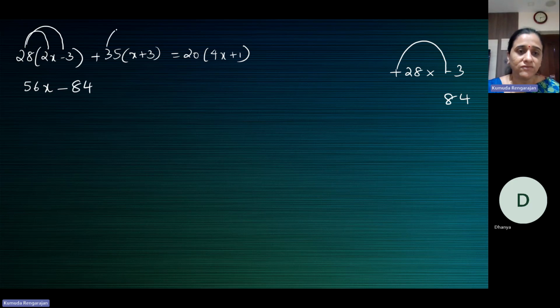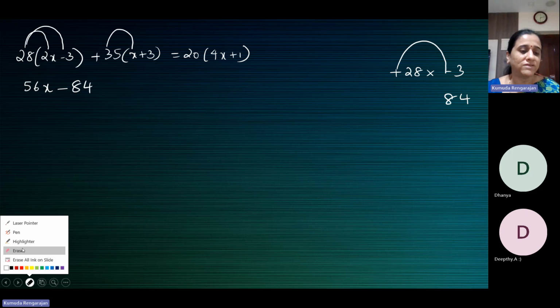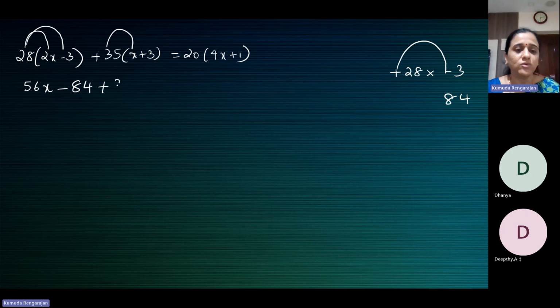Next, plus 35 into x. What is the sign before x within the bracket? There's no sign. That means it's plus. So it's plus x and plus 35. You'll have to multiply these two. Plus into plus, plus. 35 into x, 35x.